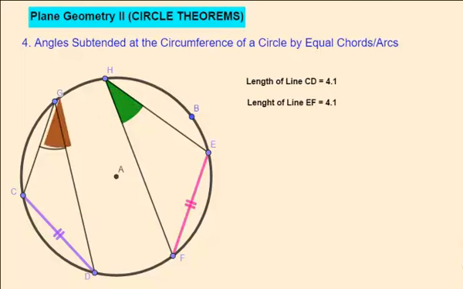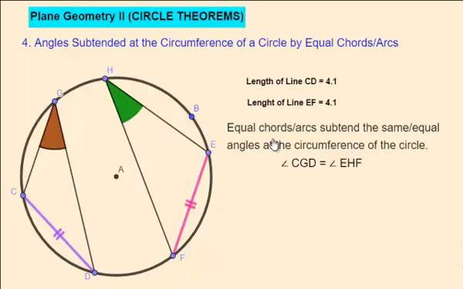So the property states that equal chords or arcs subtend the same or equal angles at the circumference of the circle.